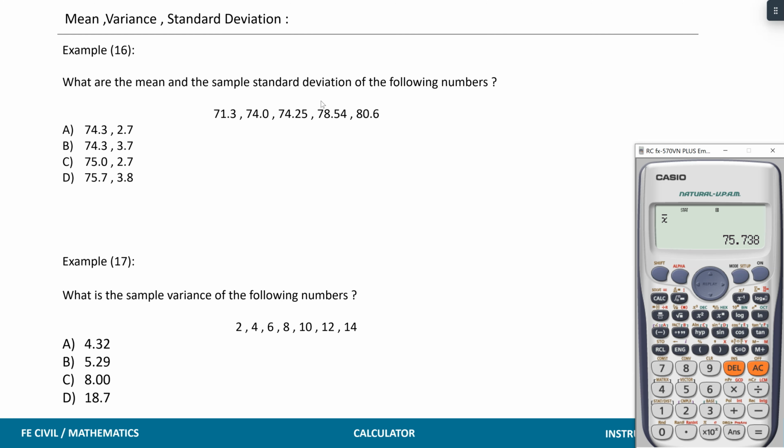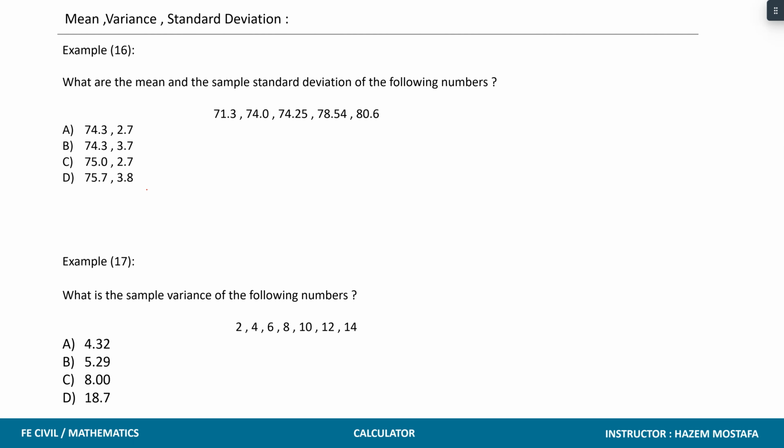So this is the mean. We start calculating the sample standard deviation, which is shift stat, press 4, which is VAR, and press 4, which is the sample standard deviation. I press equals, which gives 3.75, to the nearest tenth 3.8. So the solution is D.